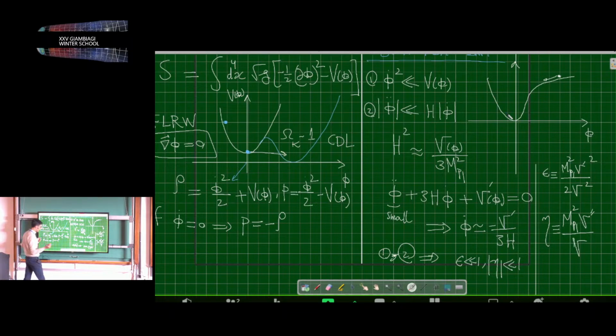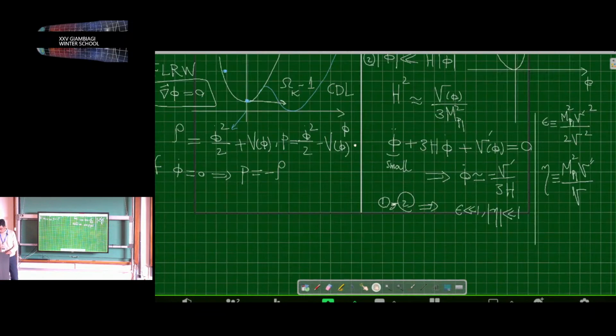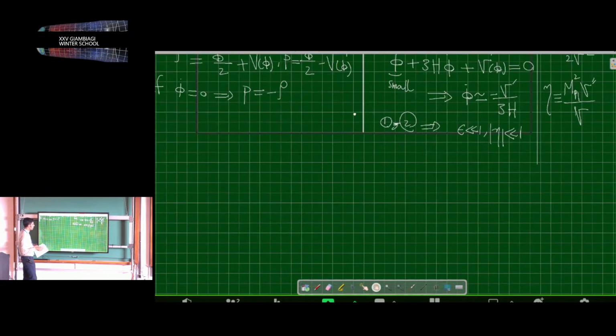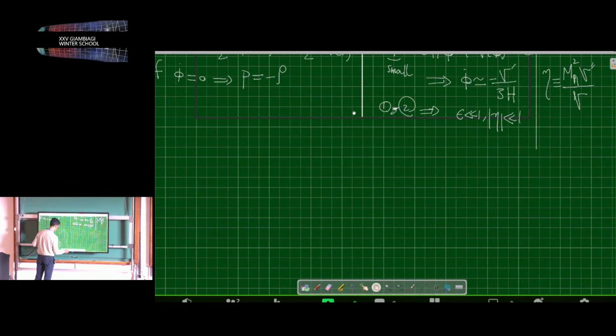And for instance, one possibility is that at the bottom of that potential, consider a generic potential. Near the minimum, it looks like a quadratic term, just by Taylor expansion.